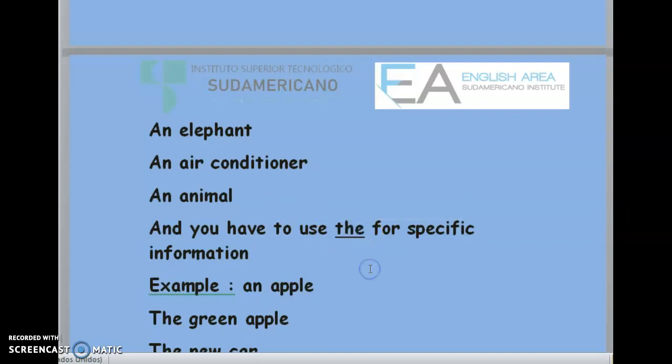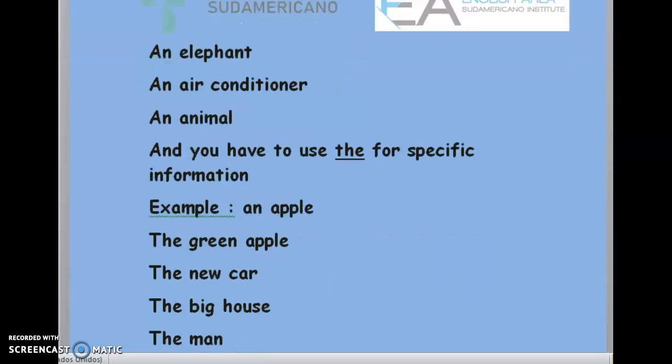Cuando utilizamos the, acuérdate que lo vamos a utilizar por algo específico, que estemos nosotros queriendo algo específico. Por ejemplo, nos vamos a una tienda y queremos la manzana verde que está por allá. Entonces, no es lo mismo decir an apple que decir the green apple. Yes, it's very different, that is specific.